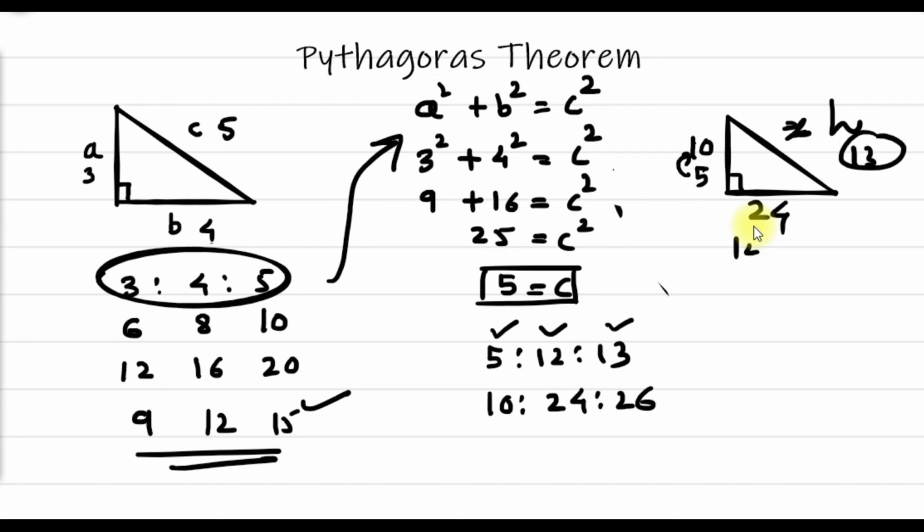This is 5 two times and this is 12 two times, so this has to be 13 two times, and that's nothing but 26, the value of the hypotenuse. There are many such Pythagoras triplets. If you know them, you can save your calculation time and jump quickly to the conclusion. So that's it for Pythagoras theorem triplets.